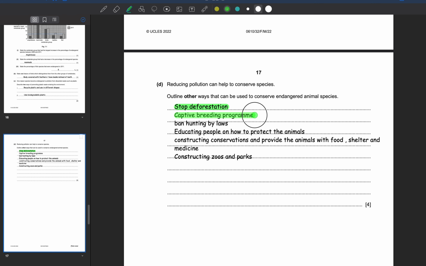Captive breeding programs. Ban hunting by laws, this is another one. Number 3, educating people on how to protect the animals, this is another one. Number 4, constructing conservations and providing the animals with food, shelter and medicines, this could be 2 marks. Constructing zoos and parks, this is another mark.